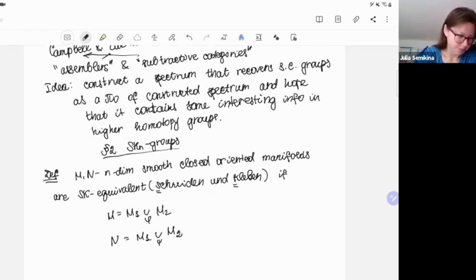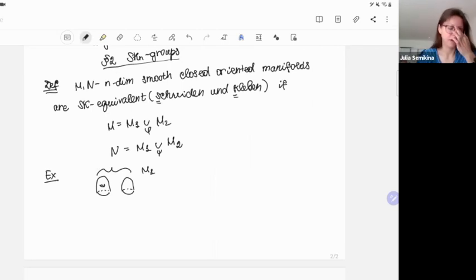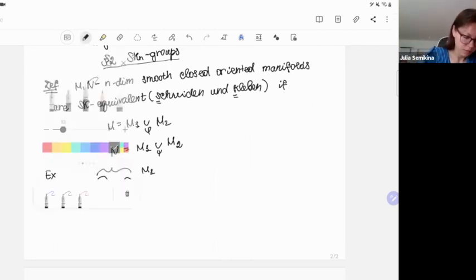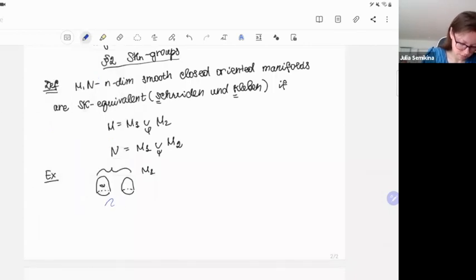So, a picture. Let's say that this is our M1. I never said that M1 and M2 should be connected. They don't have to be. So this is my M2.